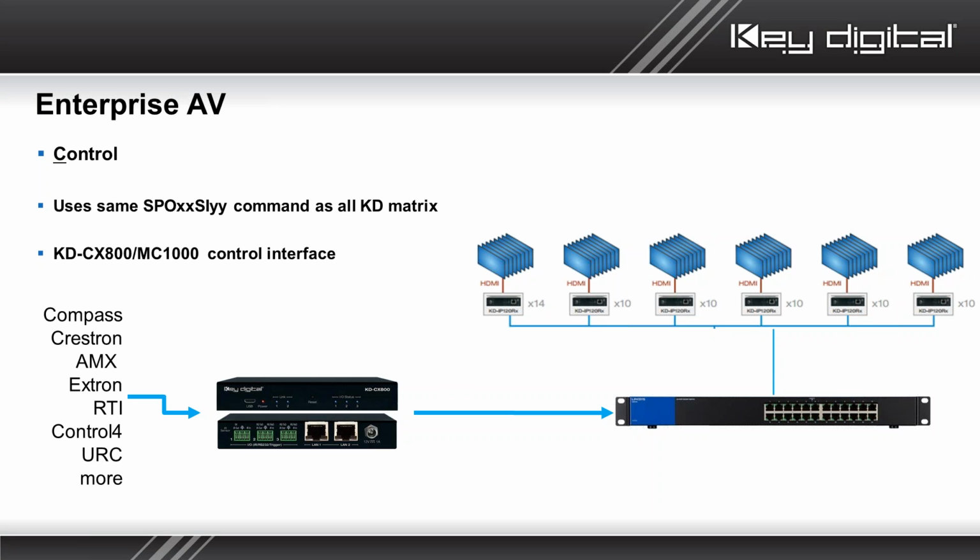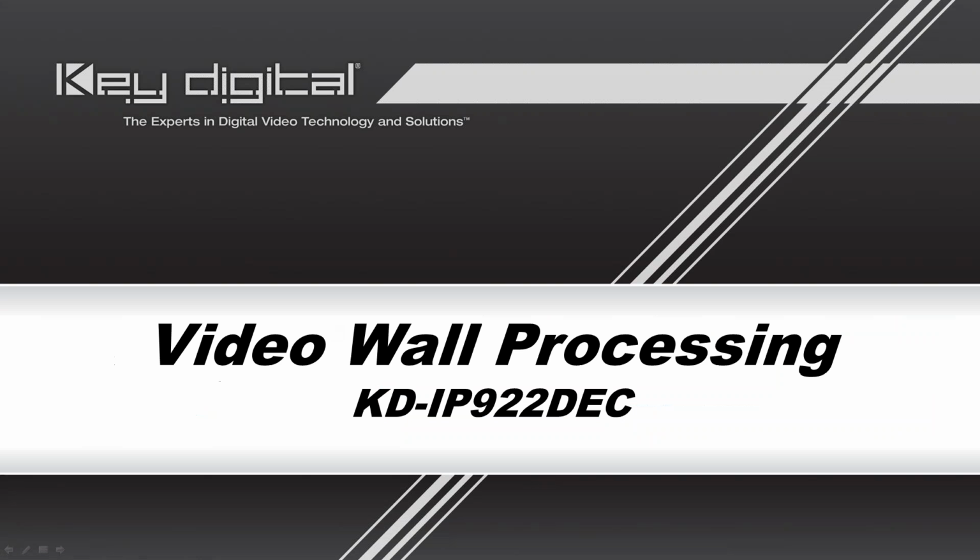Even from back in the days of analog, you could just move that RS-232 cable over to the I/O port and control our system, because it not only responds to our current matrix switching protocol and command, it also can respond to the old school Fat Boy series BNC connector analog video matrix products. So very, very exciting there. We want to make it as easy as possible to control the system.